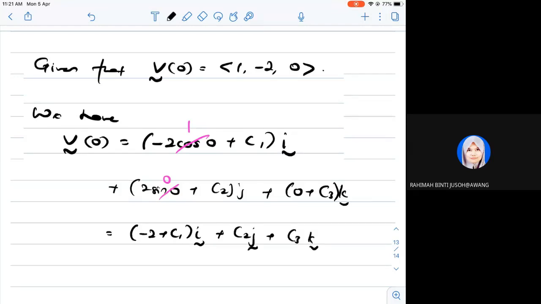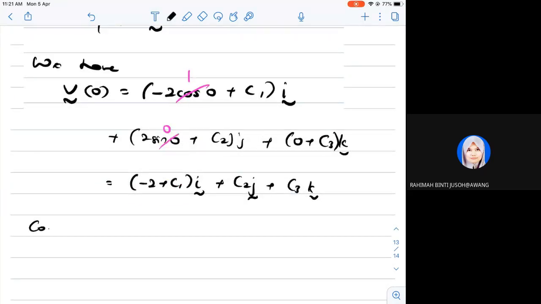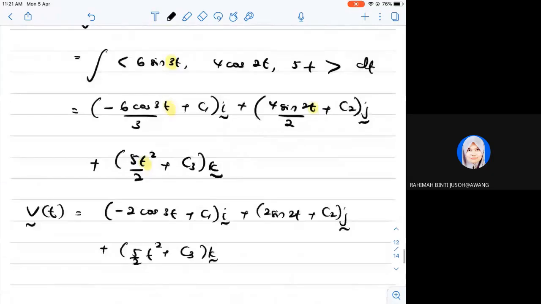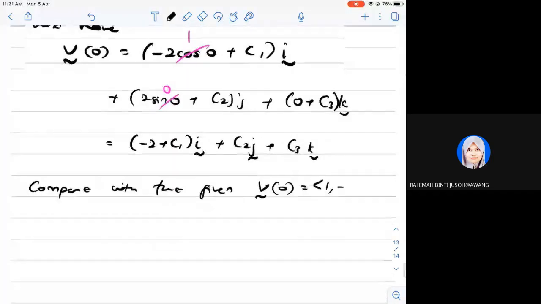Macam tu. So now you have to compare with the given V0 atas tadi tu. 1, negatif 2, 0. Thus, kita akan dapat, okay, comparekan komponen I yang kita ada, negatif 2 tambah C1, samakan dengan 1 lah kan?